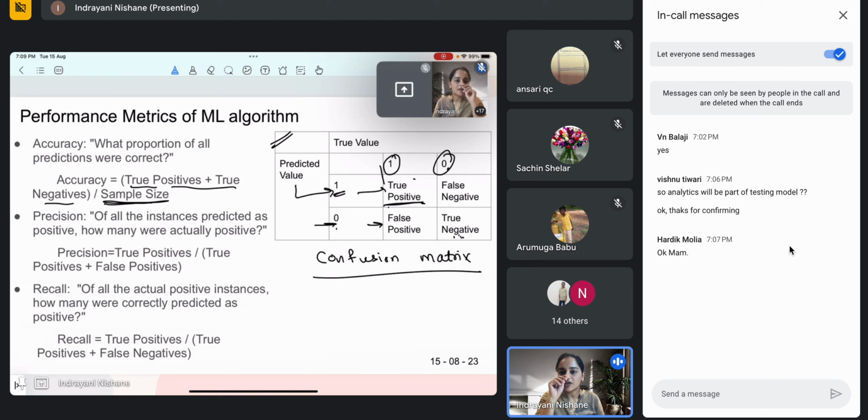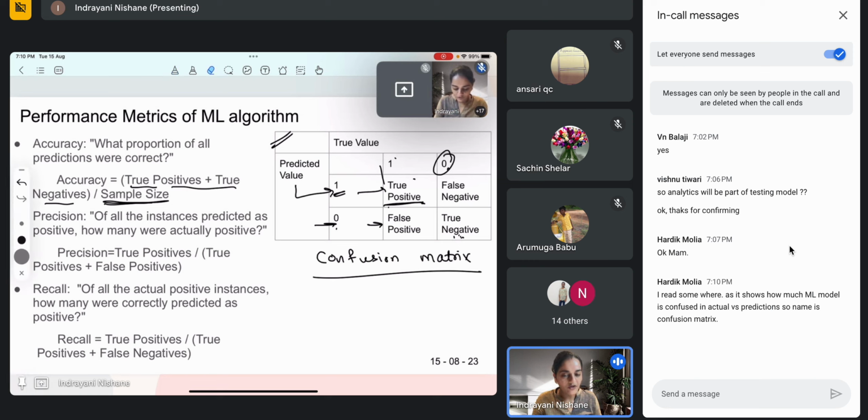So now coming to what is the precision of our ML algorithm. Of all the instances predicted as positive, or predicted as 1, how many are actually positive, or actually 1, right? So that means 1 and 1, true positive: the instances which are actually positive and predicted as positive.